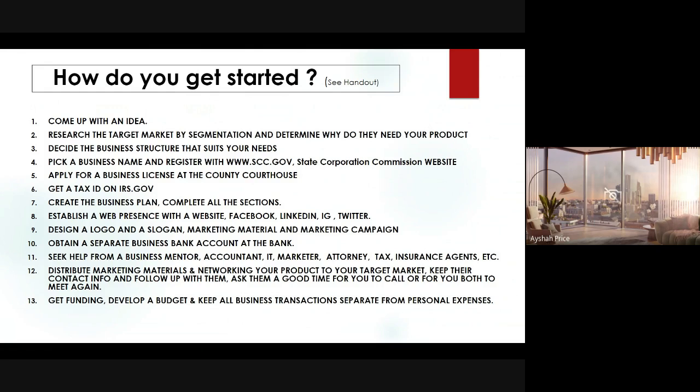Then most people decide to get their tax ID, or you can call it an EIN number, and you go to the IRS website to get that. There is a section that says, would you like to register your business to get your EIN or your tax ID number? That number is used when you get contracts, when you have customers and you're providing services for them and they're paying you.